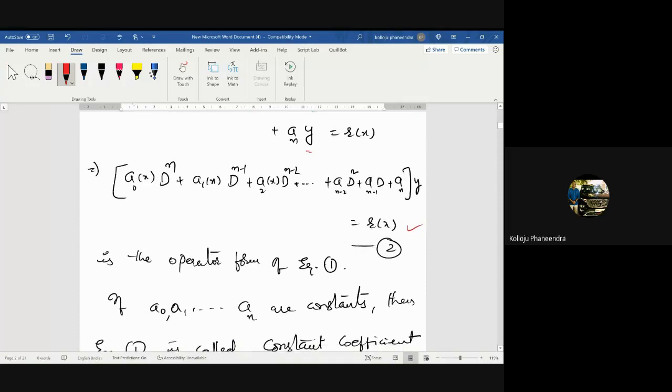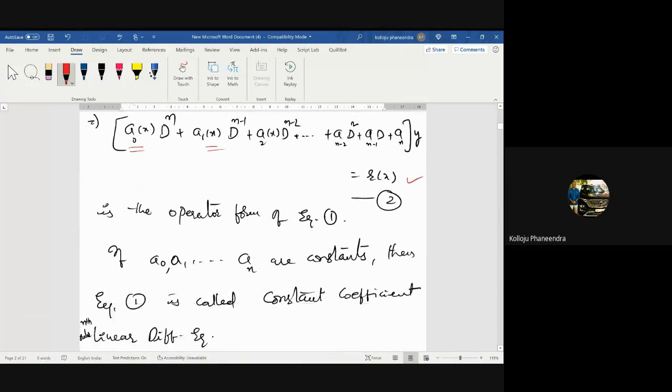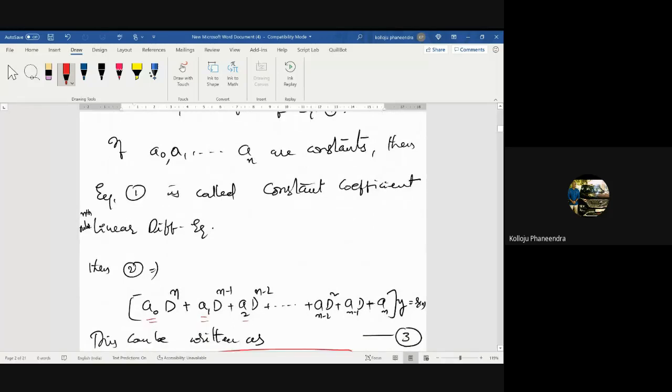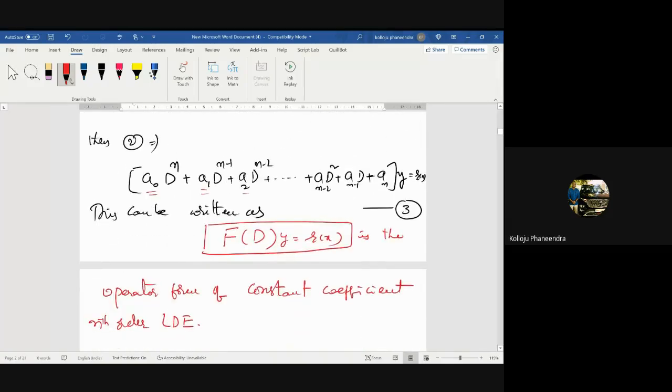When A0, A1 and An all are constants, then equation 1 is called a constant coefficient linear differential equation. And what is its operator form? Exactly this. Since A0, A1, A2 are all constants, this entire bracket can be treated as function of D into y equal to R of x.